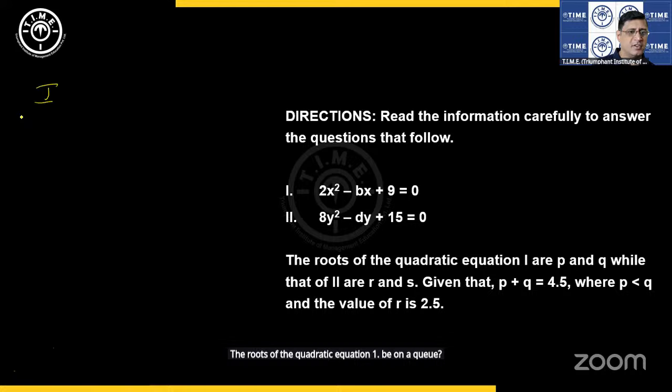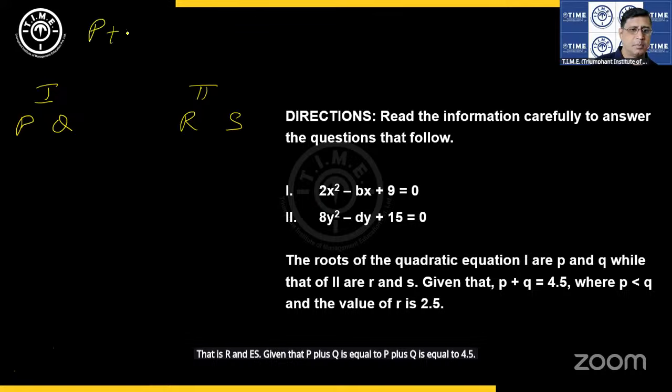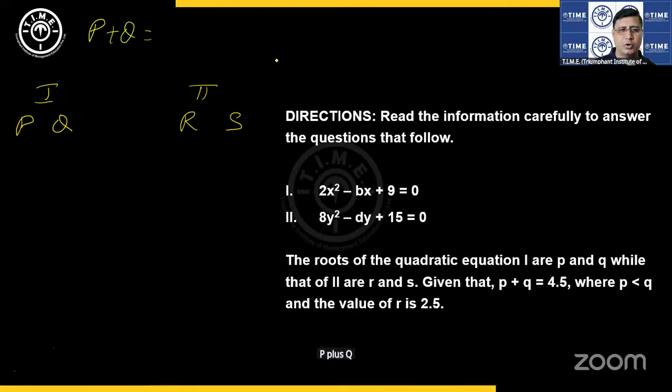First quadratic equation roots are p and q, and second quadratic equation, that is r and s. Given that p plus q is equal to 4.5. 4.5 means 9 by 2.